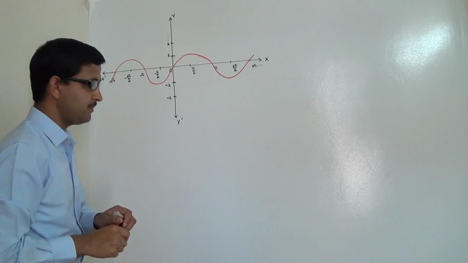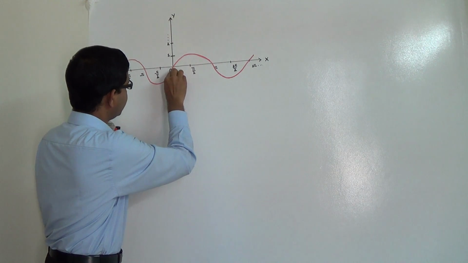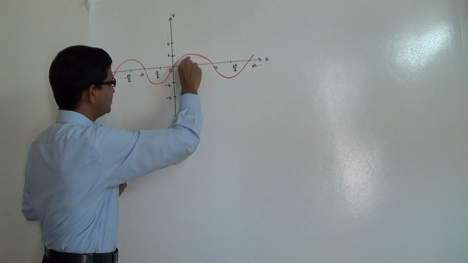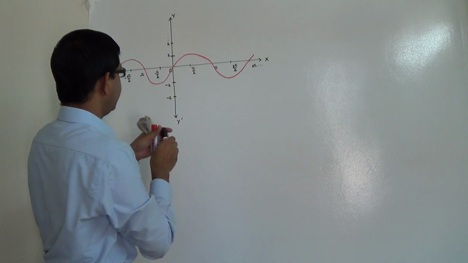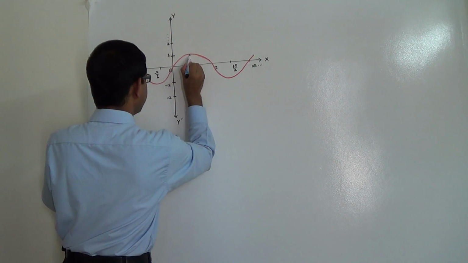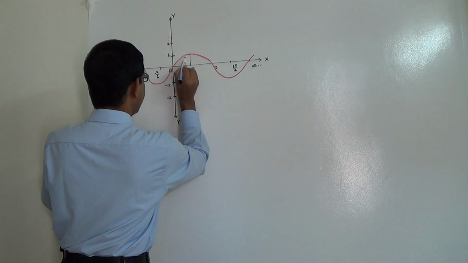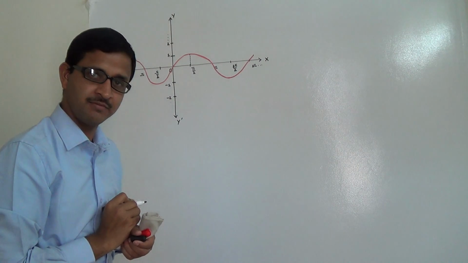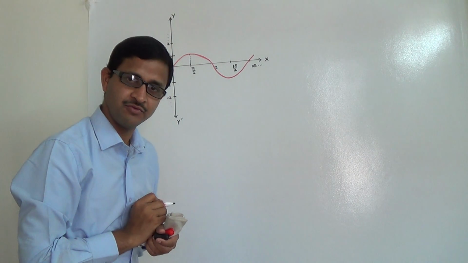Look at it very carefully. Sine 0 is 0. Then it is an increasing function till pi by 2. So this is pi by 2. And the maximum value at pi by 2 is 1, because sine 90 degrees, that is sine pi by 2, is 1.